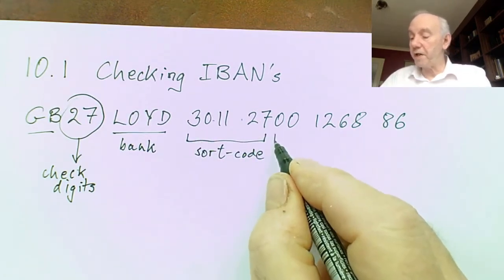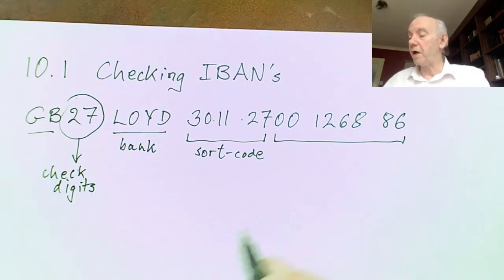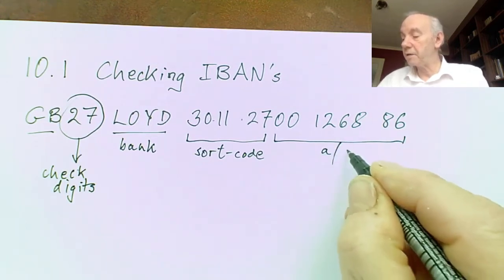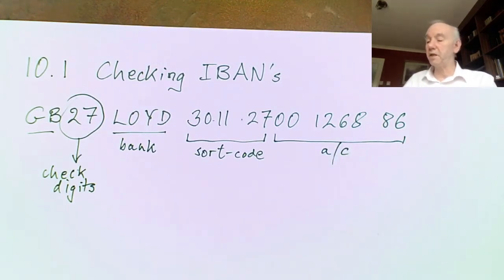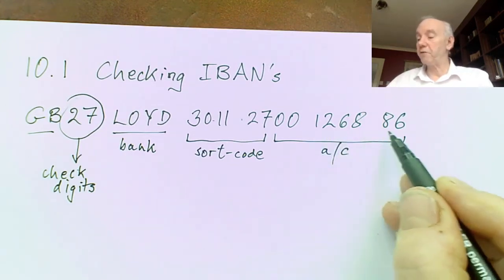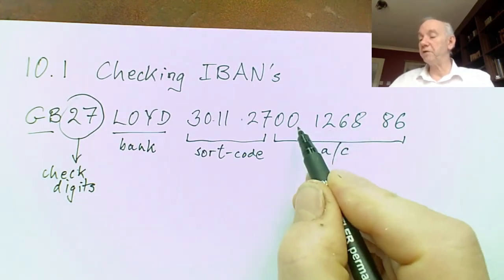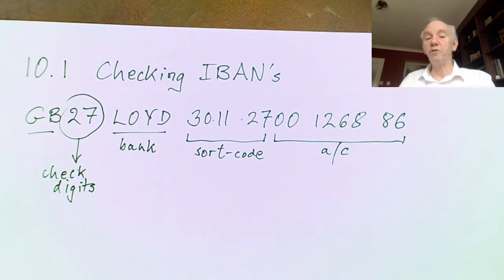And then the remaining numbers are the account number, in this case a sterling current account number, that probably started life with a total of 6 digits, but at some point account numbers were converted to 8 digits, so 00 was added at the front.